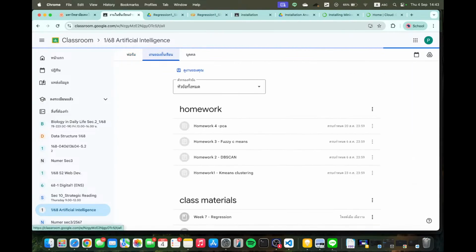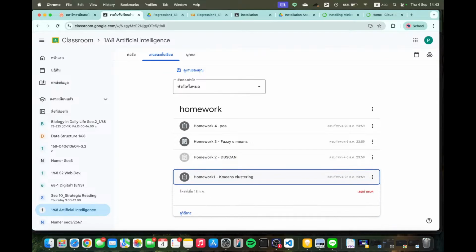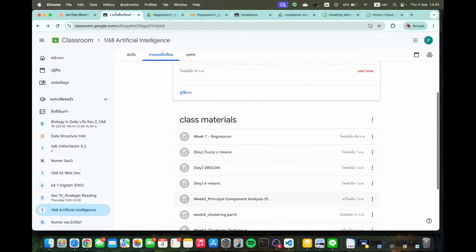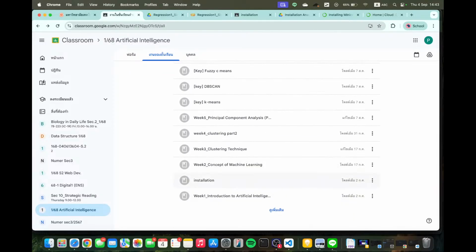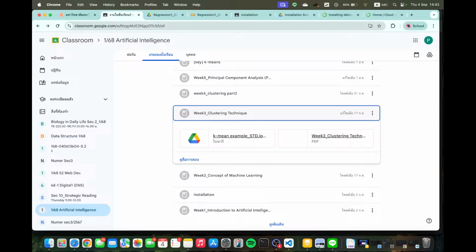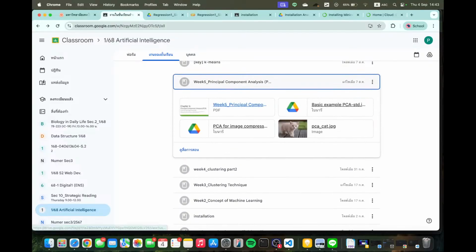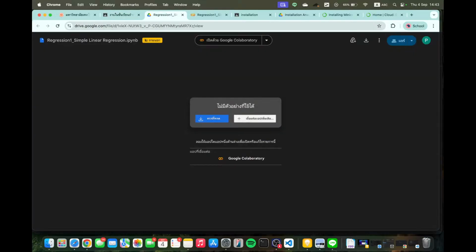And you can open the regression one, the Jupyter Python file that I uploaded in the Google Classroom: regression one, simple linear regression. You can implement your weight and height CSV file in the Python example.